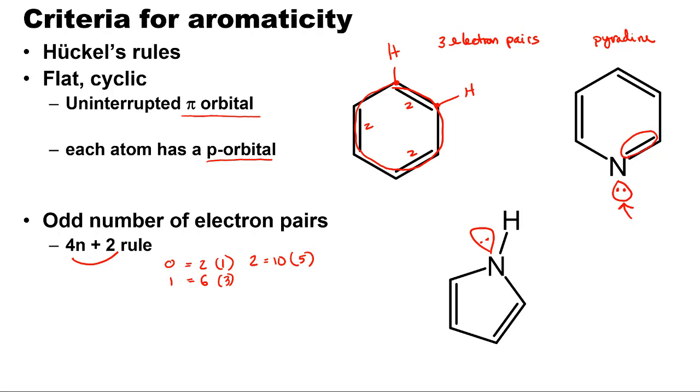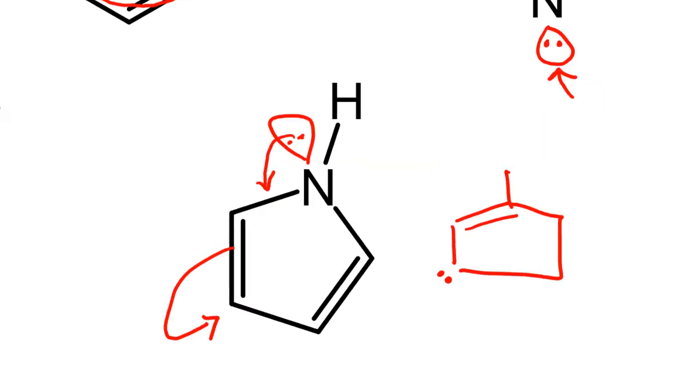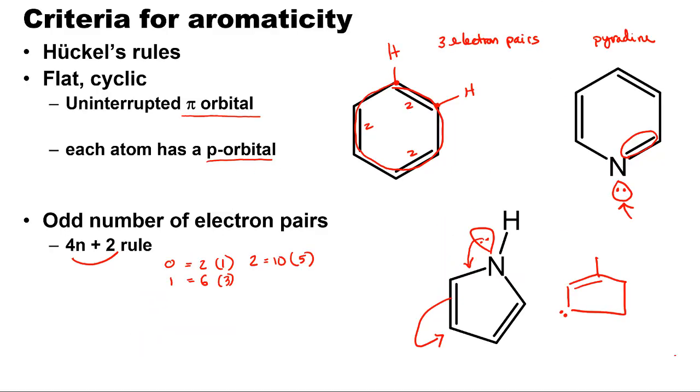In other words, because this pair of electrons can donate like this and form this resonance structure like this, okay, because it can do that, and because that makes it aromatic, then the pyrrole system will be aromatic. Because these represent two electrons, two electrons. This represents the third pair of electrons to give us an odd number of electron pairs.